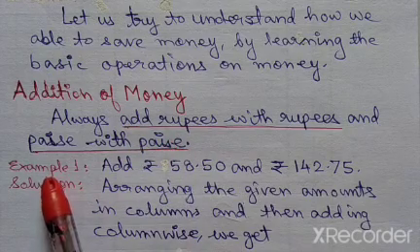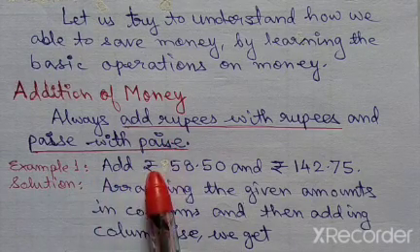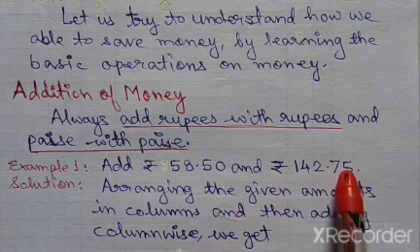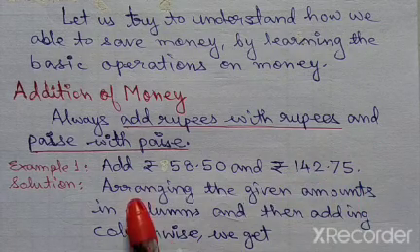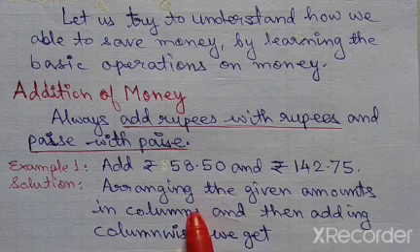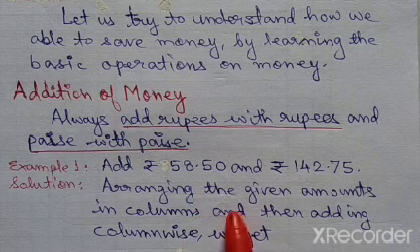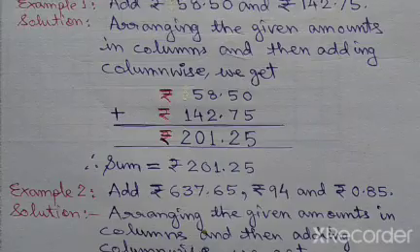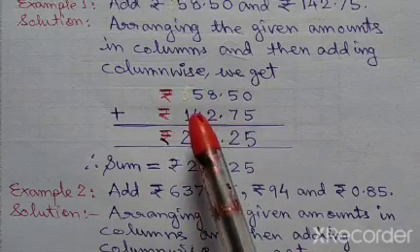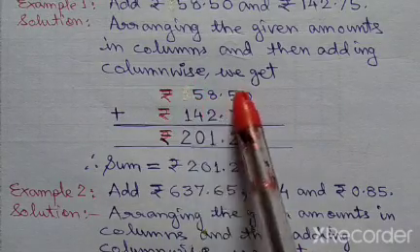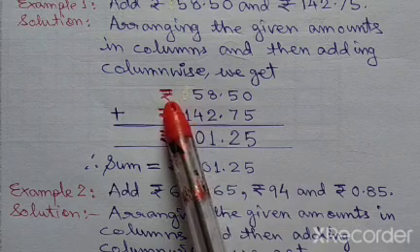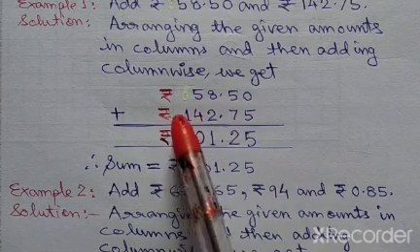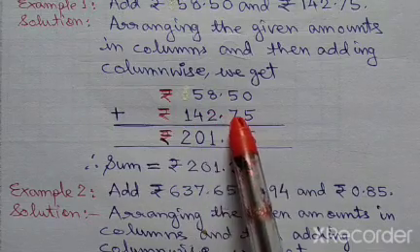Like for example, example 1, just see. Add rupees 58.50 and rupees 142.75. So what will you do, children? Arrange the given amounts in columns, and then add column-wise. So children, what we have done? Just write all the amounts column-wise. Just see, write here rupees 58.50, then the next amount, rupees 142.75.